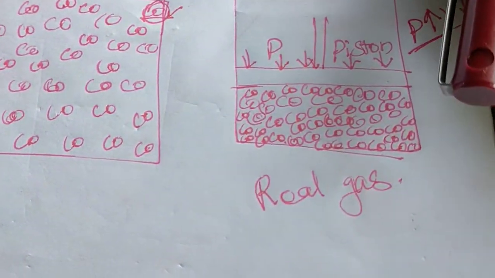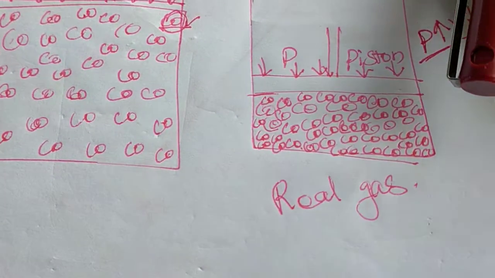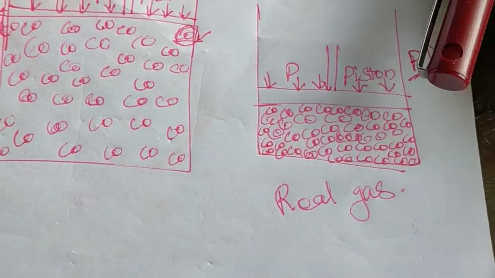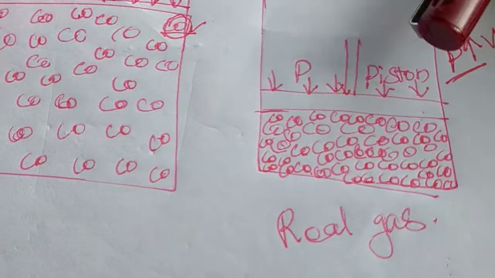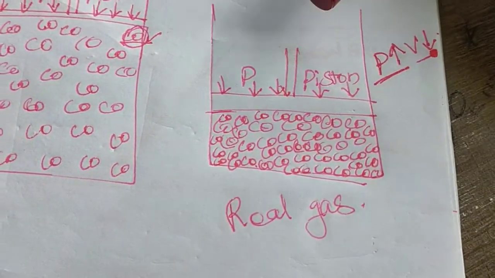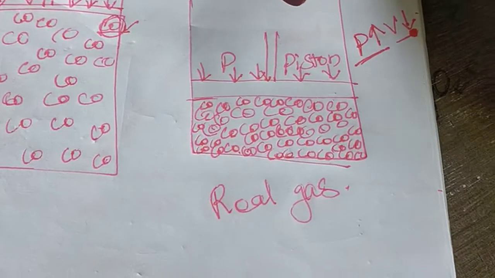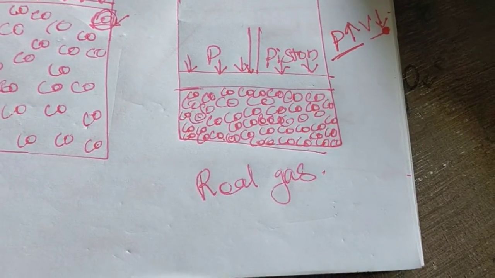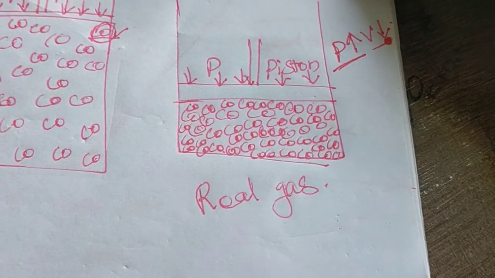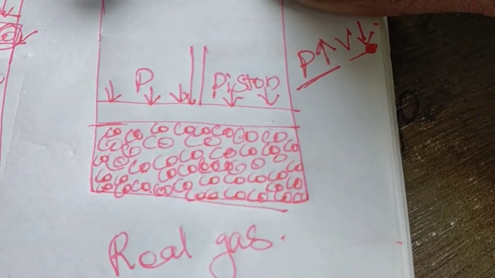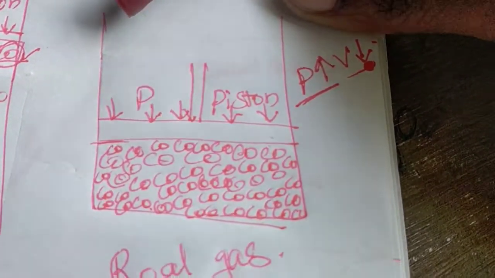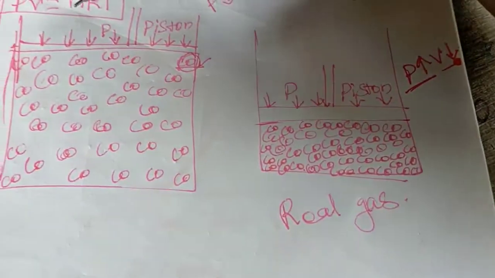So come to the second system. When increasing the pressure of the system, the volume is decreasing. We know that pressure is increasing, so the volume is decreasing. When increasing the pressure of the system, the density increases and the distance between the molecules is reduced. Okay, so compare these two systems.